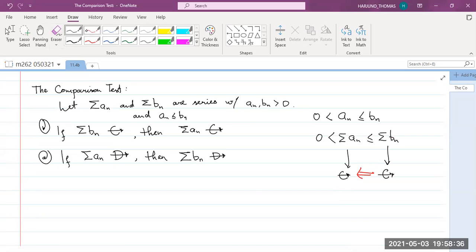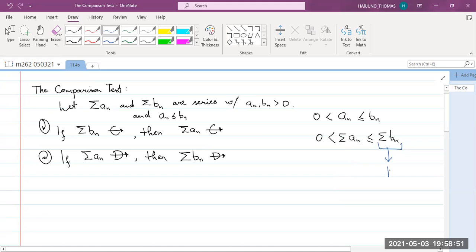Now, some little details. If you go through the proof, the details will be as the following. Let's say this is convergent to a number k. So this series A sub n is bounded above. That's one. Second, the nth partial sum is increasing.